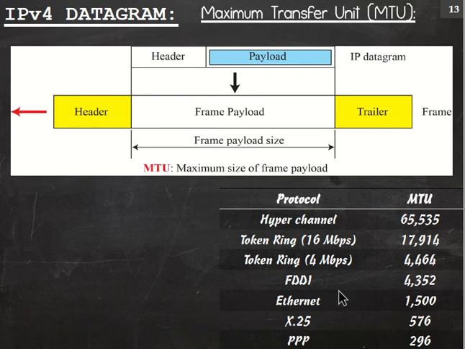For token ring of 4 Mbps, the MTU is 4,464. For the FDDI protocol, it is 4,352. For Ethernet, the MTU is 1,500, for X.25 it is 576, and for the PPP protocol, the MTU is 296 bytes.